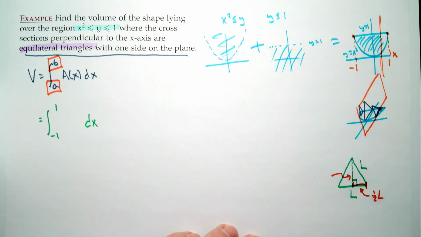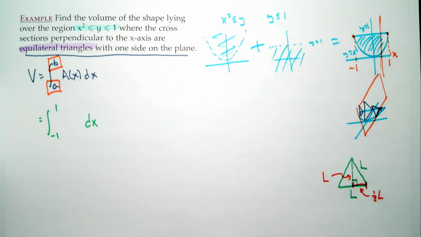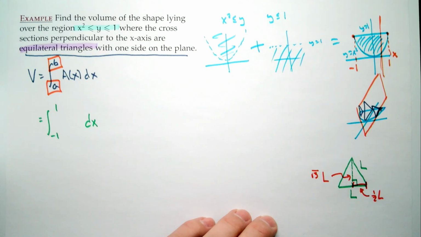Does anybody know? I'll give you a hint. It involves an L, but there's something else. There's a square root of 3. Anything else? It's not quarters. Square root of 3 over 2. And if that sounds familiar, like something we see in trig functions, it's because it is something you see in trig functions. So this is a 30-60-90 triangle, just scaled up by a factor of L.